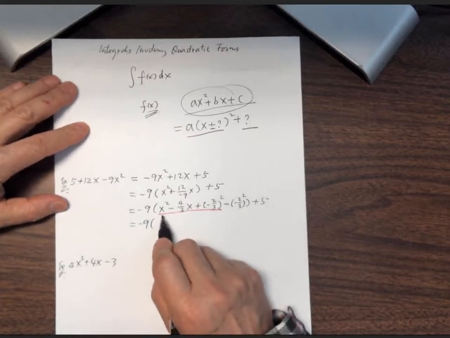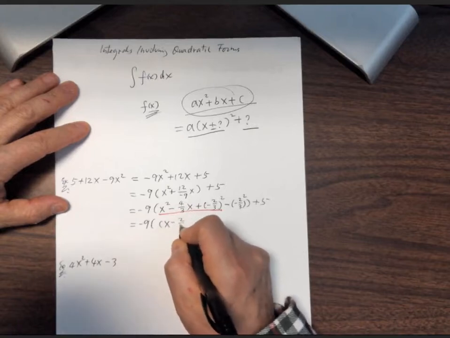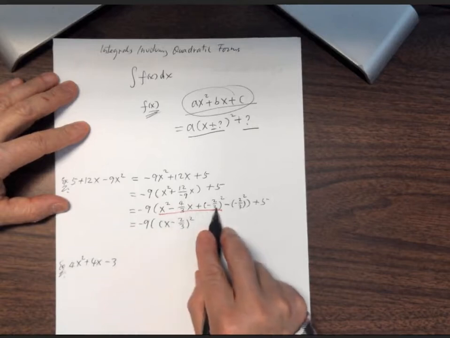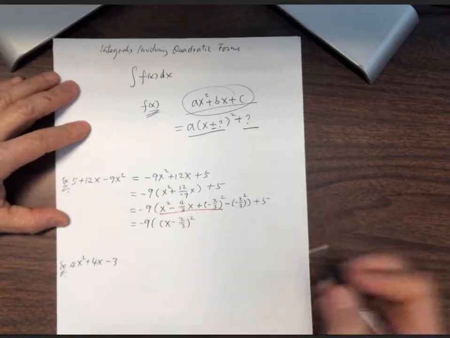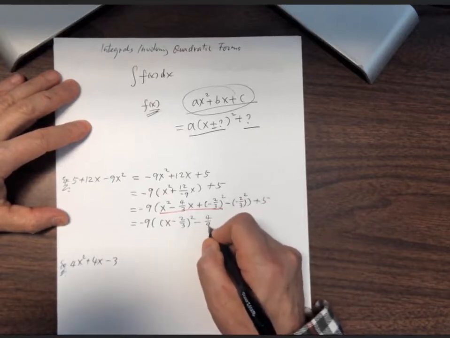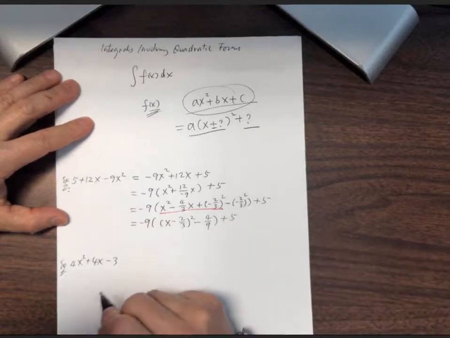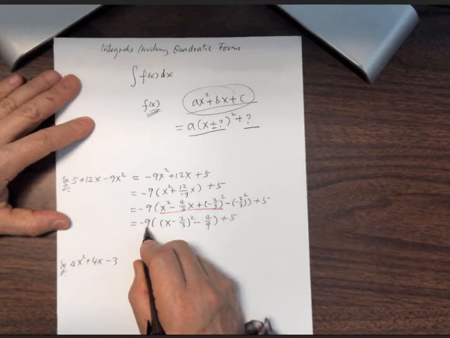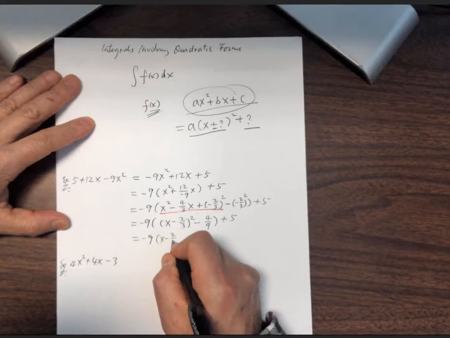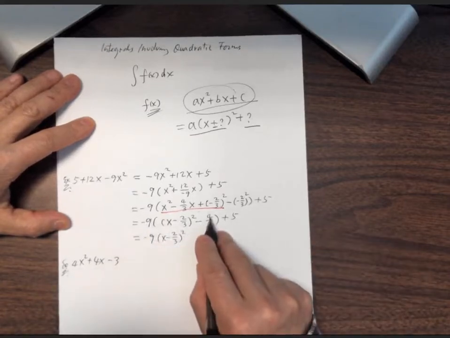Now those terms under the 9 become a perfect square. You can verify by multiplying this out, you get all those 3 terms back. And this number, simplified, becomes 4/9. Now we can multiply -9 through. -9 times -4/9, the 9s cross out, gives 4, so it's 5 plus 4, which is 9.